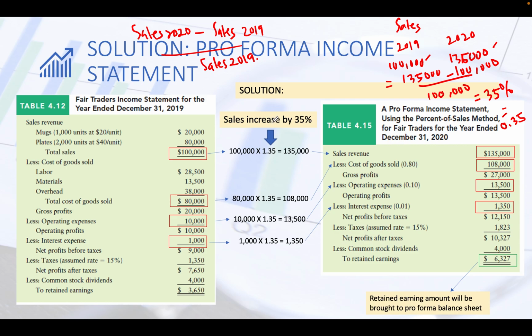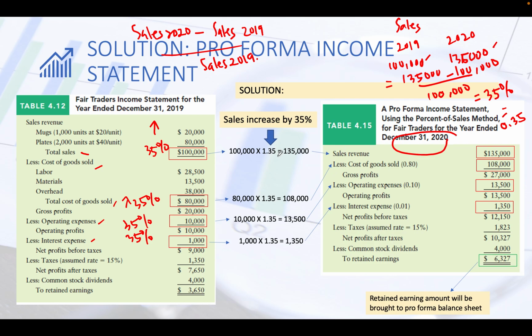Which means if sales increase by 35%, cost of goods sold, operating expenses, interest expense also increase by 35%. So how do we actually want to calculate the figure to reflect the increment of 35% to be put in kita punya pro forma income statement?